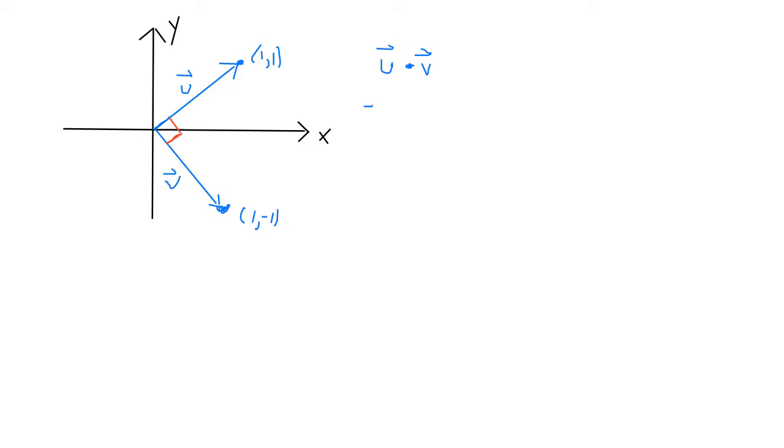The dot product of u and v is just going to be 1 times 1, plus 1 times negative 1.